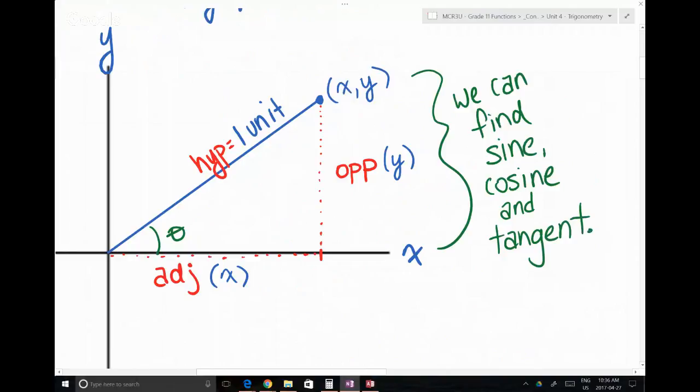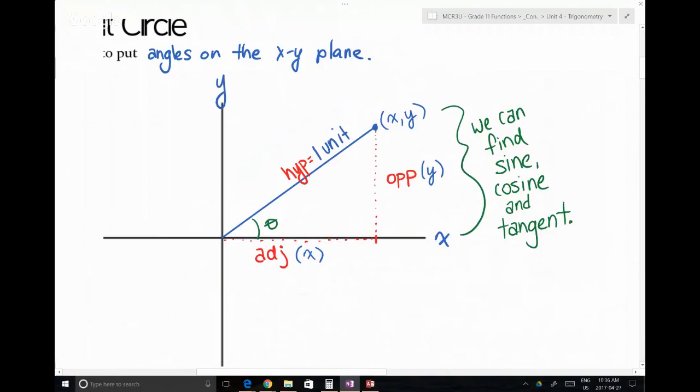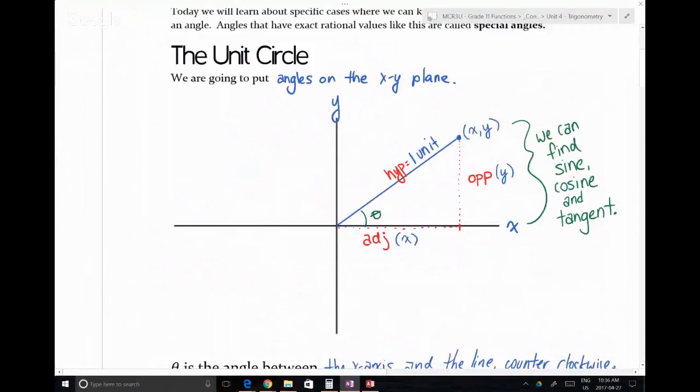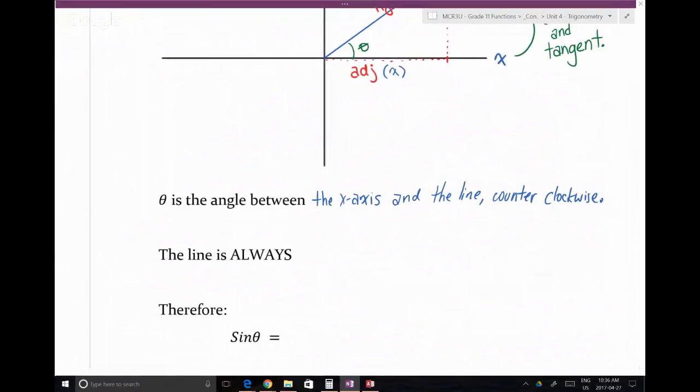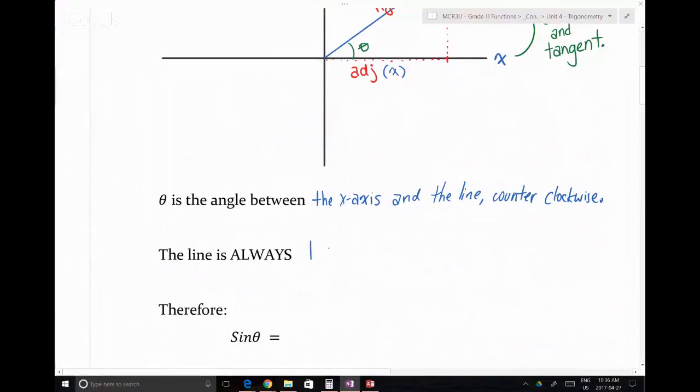And today we're going to talk about how we do that. So this is the basic setup. Whatever angle I give you, we're going to work with it this way. The line is always 1 unit in length.